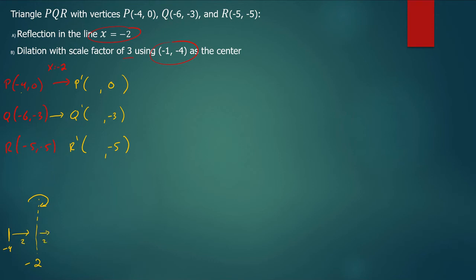If I go 2 units over, that puts me at 0, right? And the same with -6. So -6 to -2, that was 4 units. If I keep going in that same direction, 4 units over, that puts me at +2. -5 to -2, that was 3 units. If I go 3 units in that direction, that puts me at +1, right?